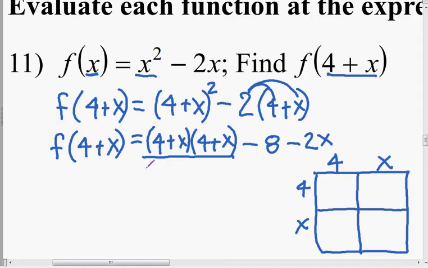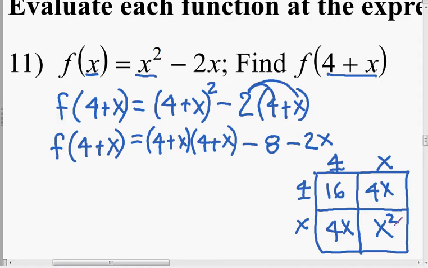So my whole area is equal to that. I'm going to calculate my individual areas. 4 times 4 is 16. 4 times x is 4x. So this area is 4x. This area is x times 4, which is the same as 4 times x. I also have 4x. And lastly, I have x squared, because this side is x, this side is x.